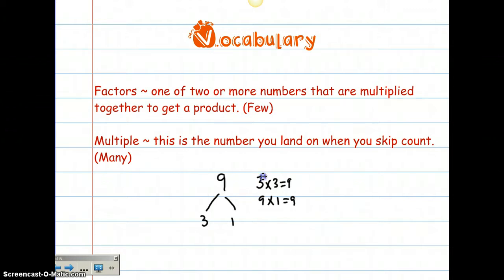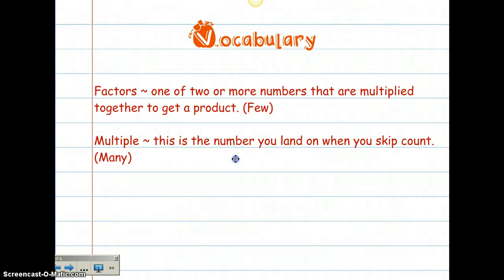So it only has 1, 2, 3 factors. Okay? If I did the number 2, well, the only factors for 2 are 2 and 1. So 2 times 1 equals 2. So those are the only factors. So that's why I say that there's few. It's the numbers you multiply to get that number.